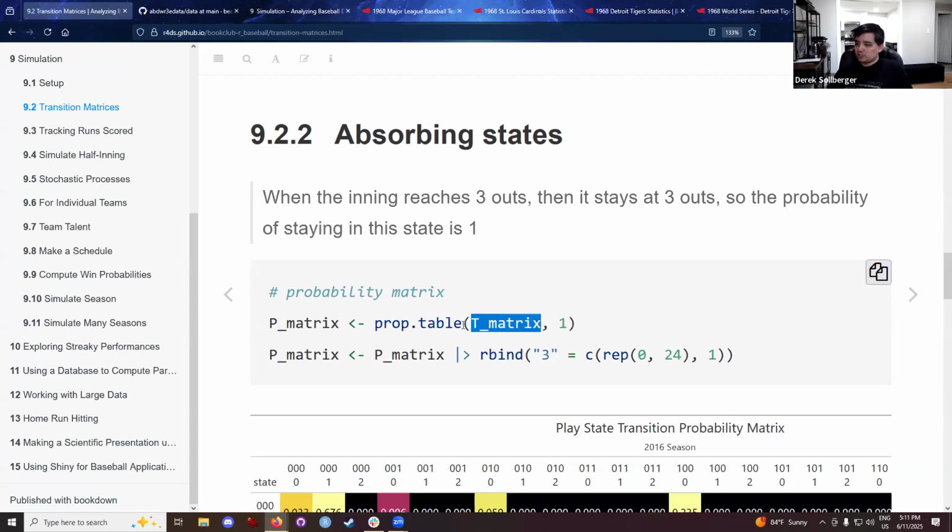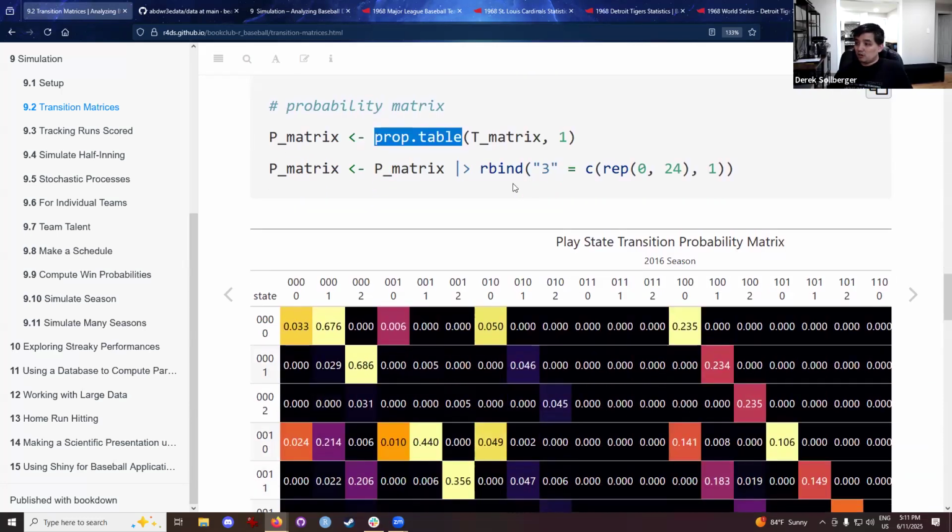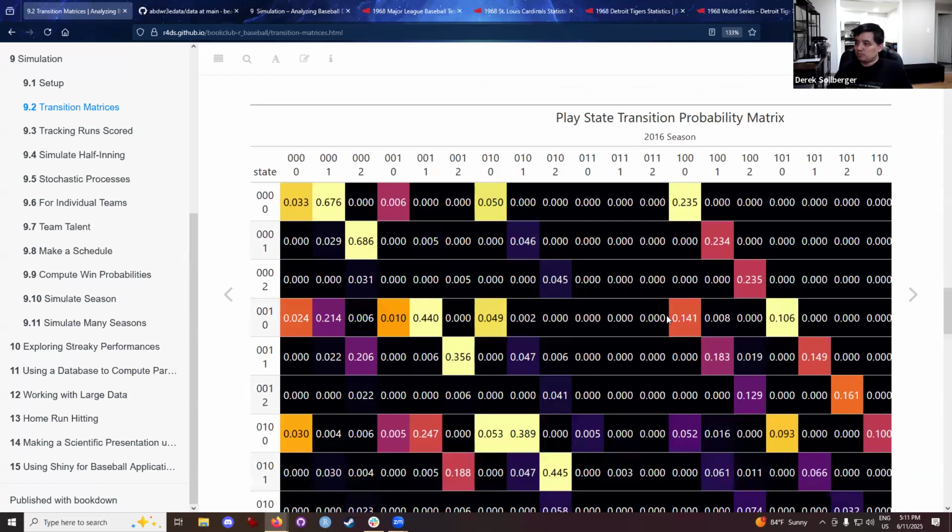We could take that previous transition matrix, turn it into proportions or probabilities, but also being careful to say that we have that three out absorbing state in the last row. So now in the probability matrix, once again, we have some sense of some diagonal patterns with the most likely probabilities.